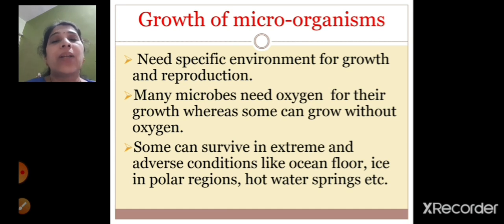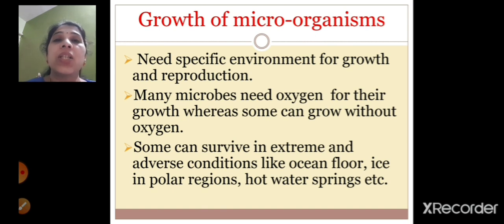Then some microorganisms can survive in extreme and adverse conditions. Extreme and adverse conditions means like the ocean floor. Ocean floor means the bottom of the seabed. Then ice in polar regions, hot water springs. Hot water spring means where naturally hot water comes out, right?